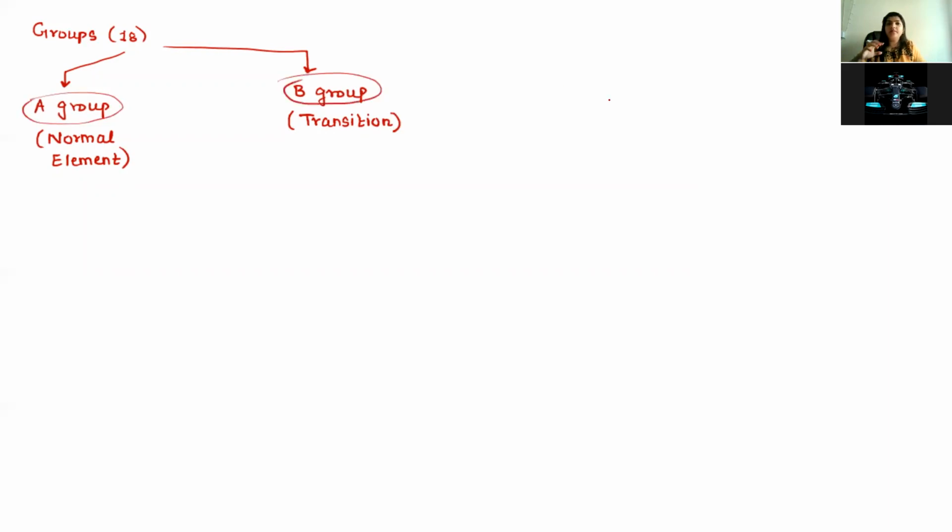Now, which groups are A group elements? They are group 1, group 2, and group 13 to group 18.